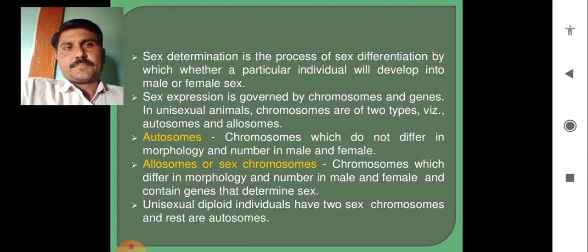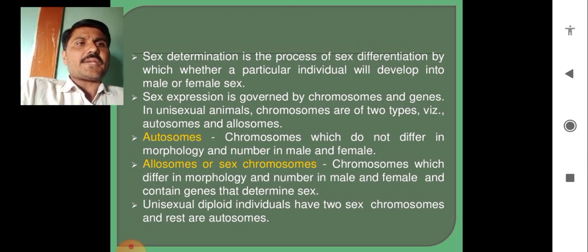Well, friends, so this is the process of the determination of a particular or specific gender, whether it is male or female. This expression of male and female, or the control of this expression of the gender, is by chromosomes and genes.